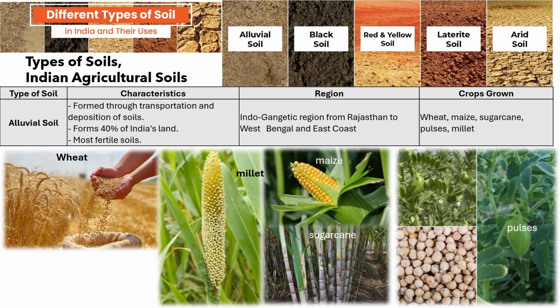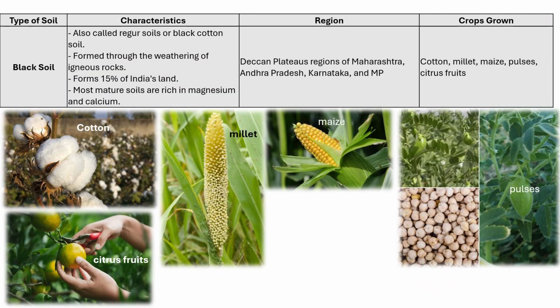Next is black soil. It is also called regur or black cotton soil. It is generally formed from igneous rocks. It holds moisture for a longer period and is rich in magnesium and calcium also. It covers 15% of India, in the regions of Maharashtra, Madhya Pradesh, Karnataka and Andhra Pradesh.